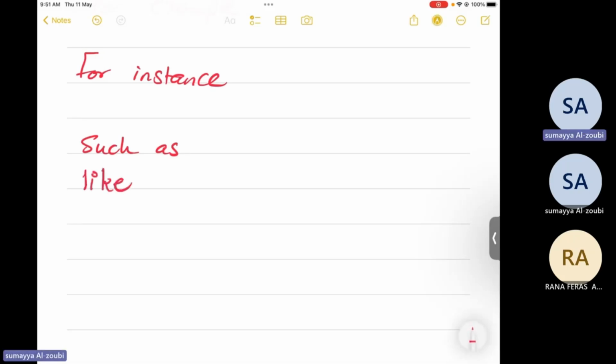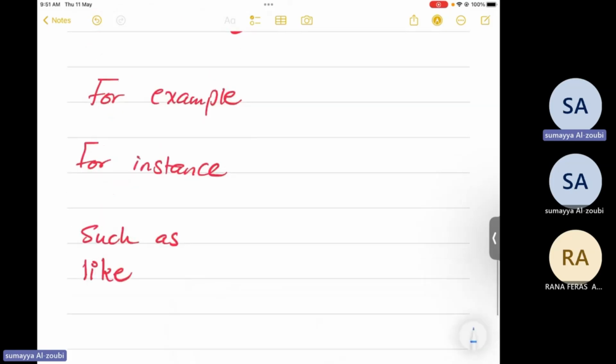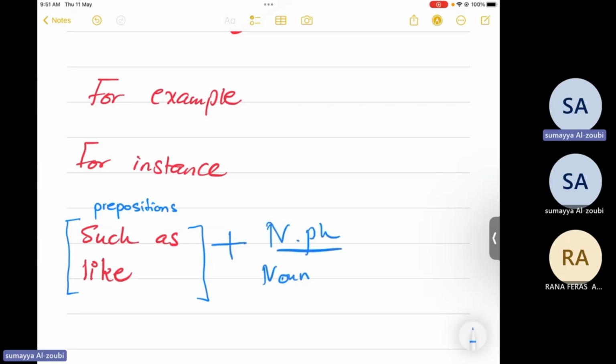Do we use such as and like in the same way as for example and for instance? No. Remember that such as and like are, by the way, prepositions, and they must be followed with a noun phrase only, or a noun.